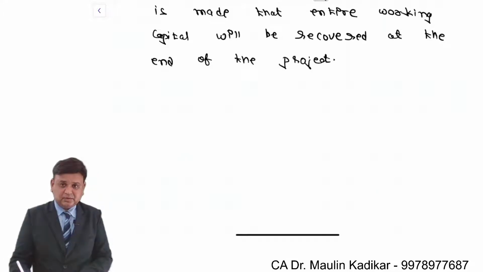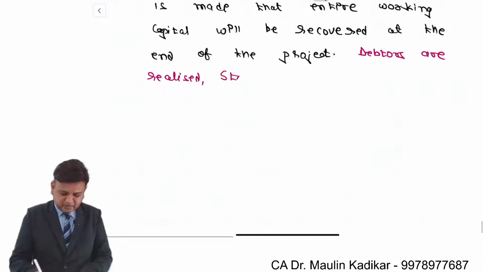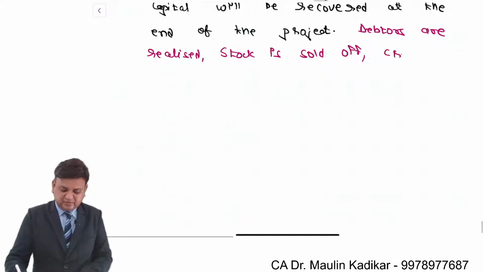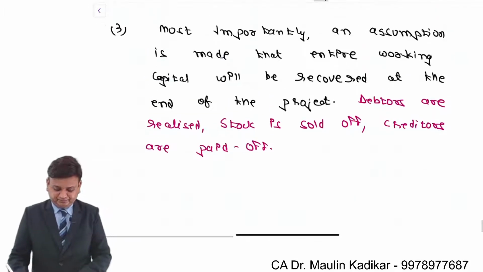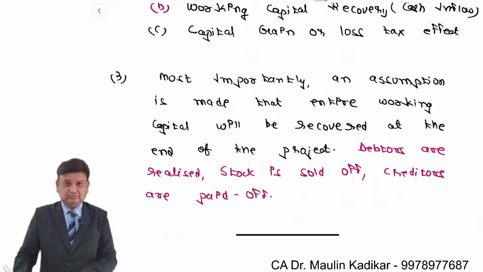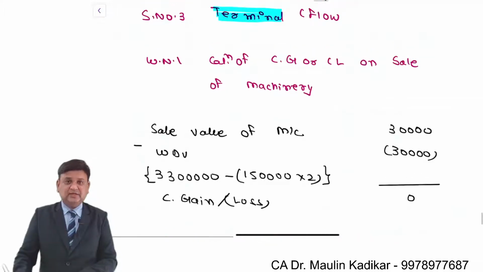Full stop. Debtors are realized, stock is sold off, creditors are paid off. Full stop. I request all of you to write the working note number 1.